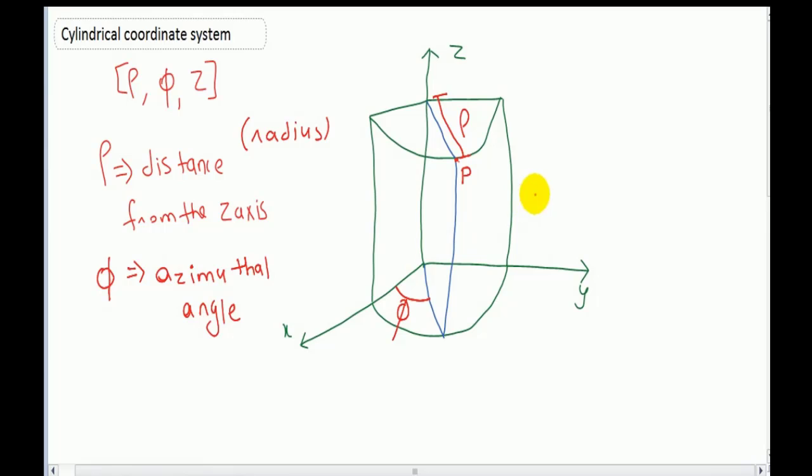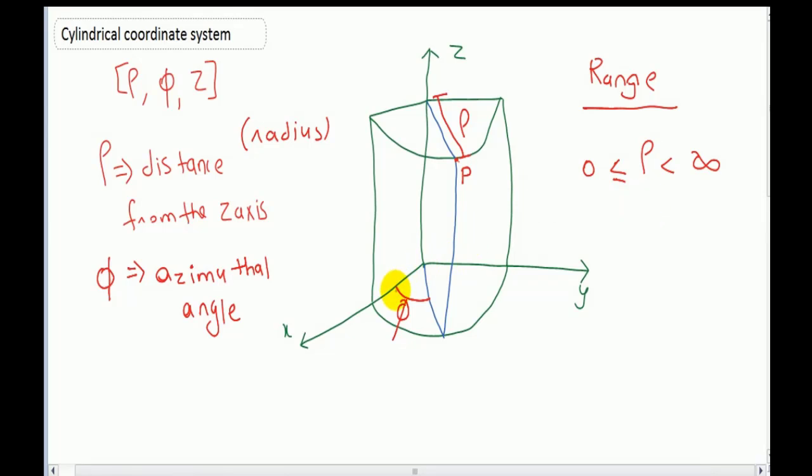So if I want to find the range for these parameters, if I want to cover the whole universe, then the value of rho will vary from 0 to infinity. If you imagine an infinite size cylinder having infinite height and infinite radius, then it will cover the whole universe.